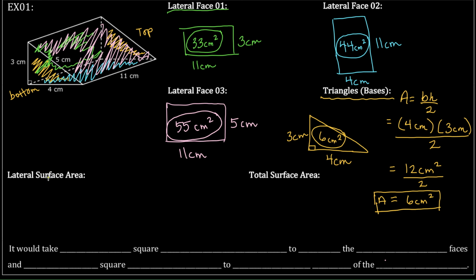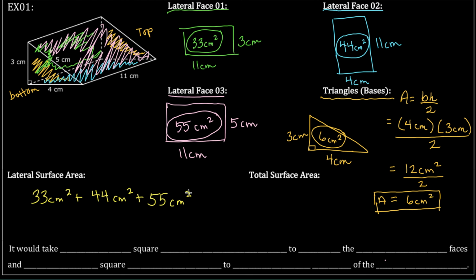So now our lateral surface area, all the areas except for the top and bottom. So we have 33 square centimeters plus 44 square centimeters plus 55 square centimeters.